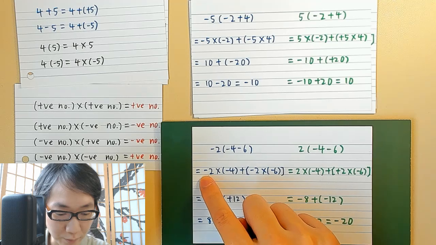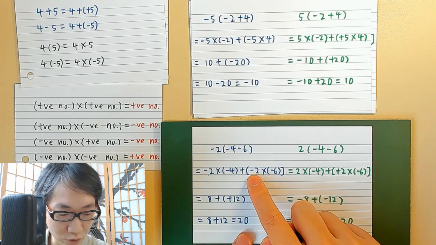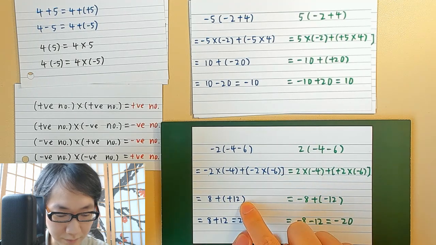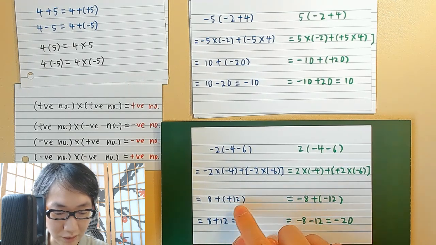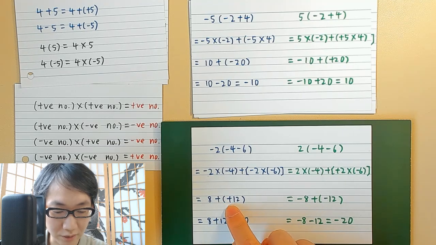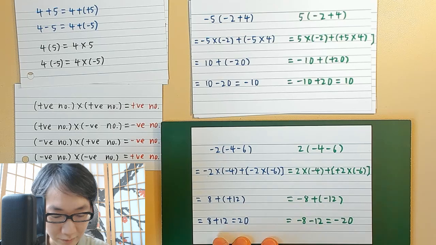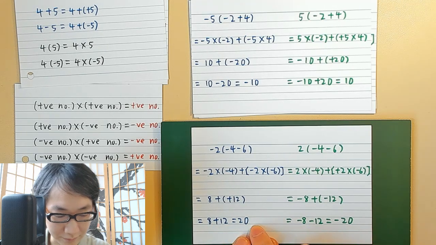The first term will be positive 8. Second term will be positive 12. Add them together, then we have 20. The bracket is here because I have two signs right next to each other, but I can omit the plus because it does nothing.